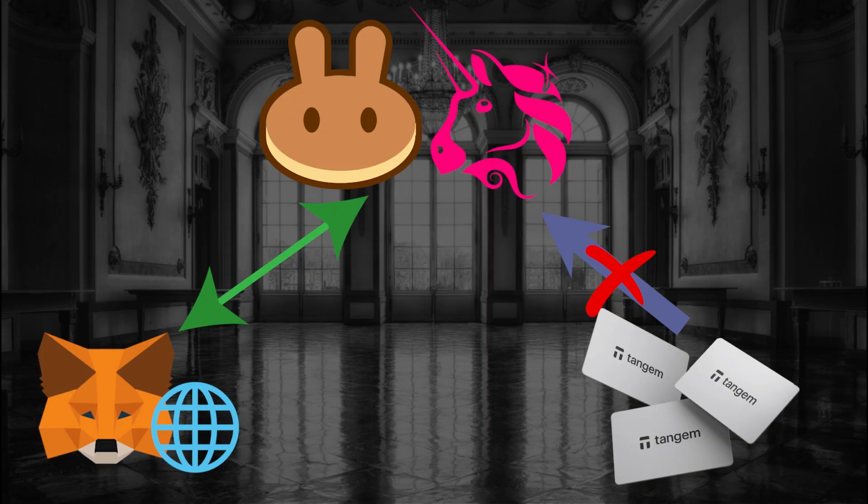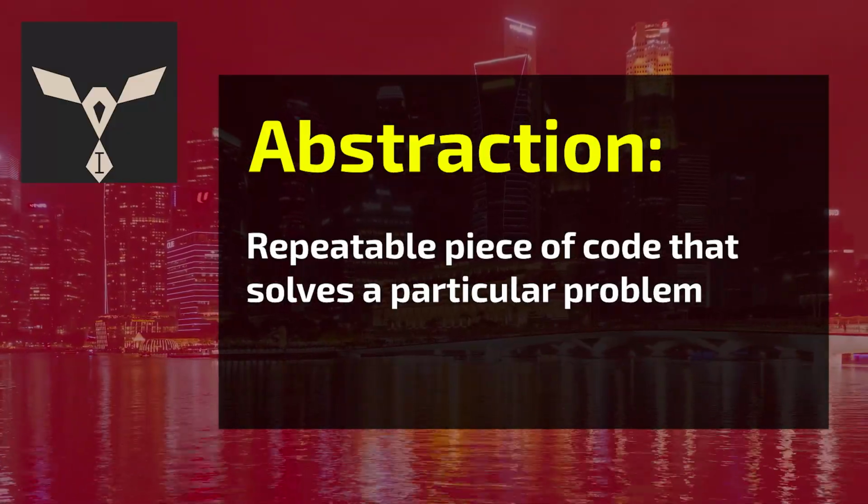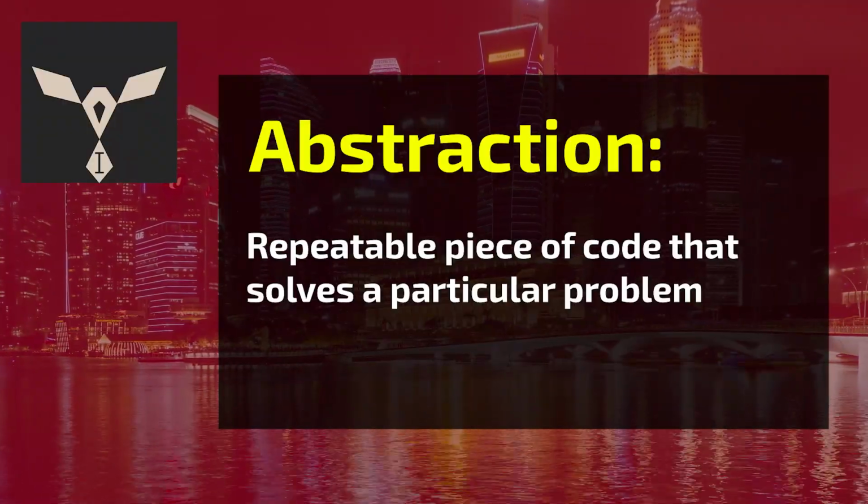With cold wallets, the story is a little bit different. They have no access to the internet, so they cannot access transaction details to sign them. You need someone or something to send the data to the device. In this case, there's something that we call abstraction, which is a repeatable piece of code that solves a particular problem. In this case, connecting a hardware wallet to a DApp.